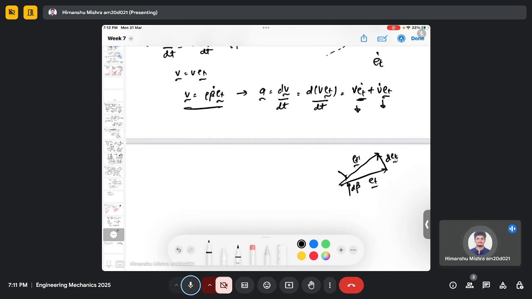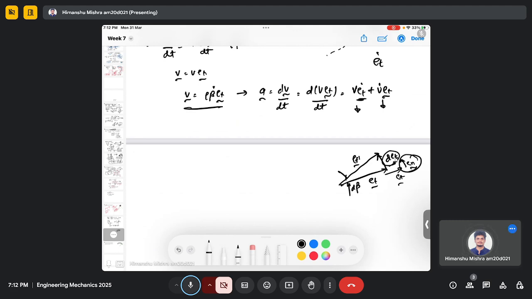You can see this is the direction of et, and this is the direction of en, which is the normal component. This is the tangential component, and you can see this change in the tangential direction et is along the normal direction en.